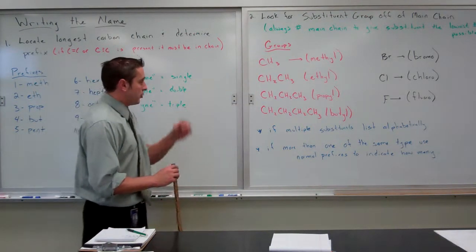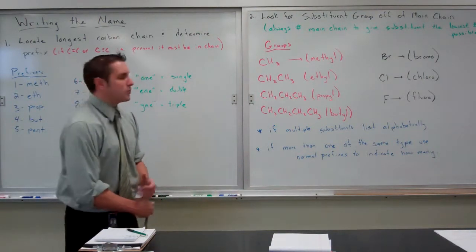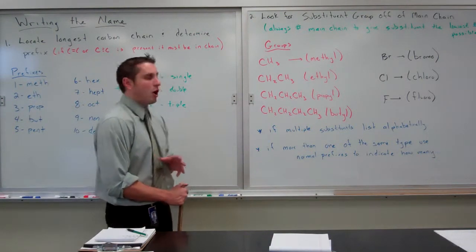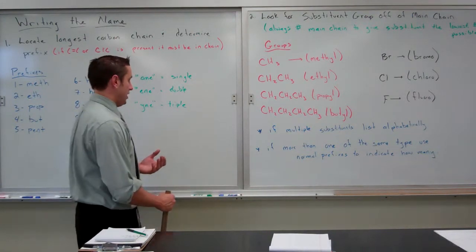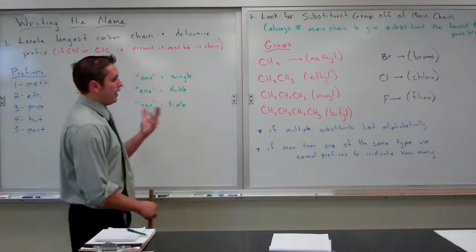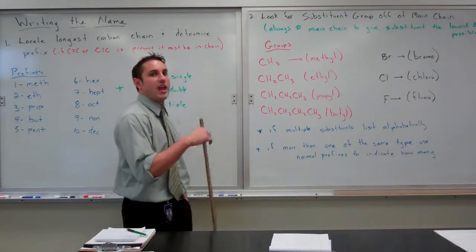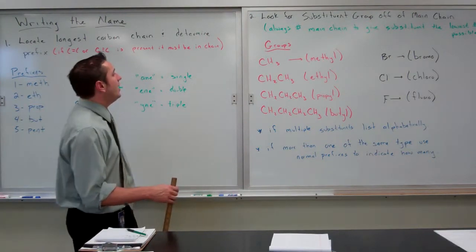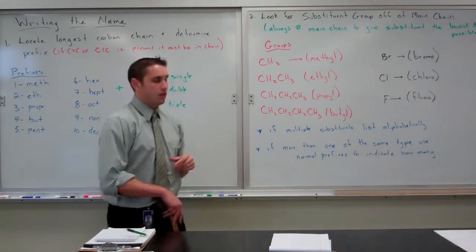Look for substituent groups off of the main chain. Substituent groups are things that aren't part of your longest carbon chain, but are still connected to that chain. And there's a various assortment of them. We will have CH3s that are off the main chain but are not in our chain. If we identify those, we call those methyl groups.